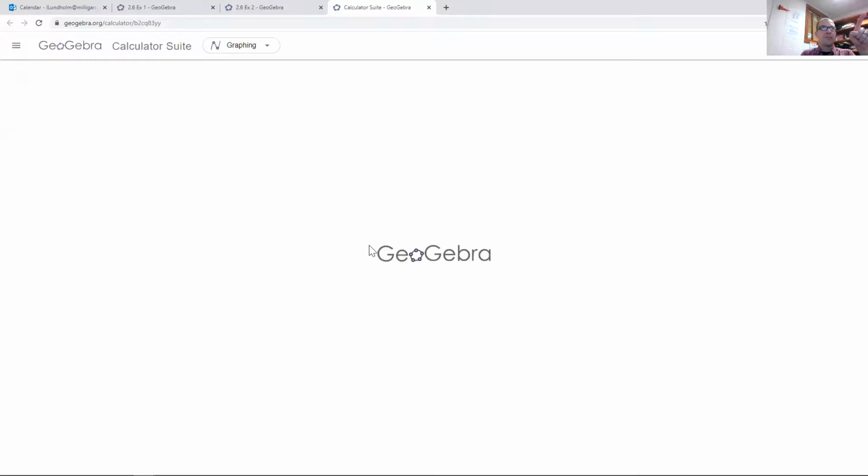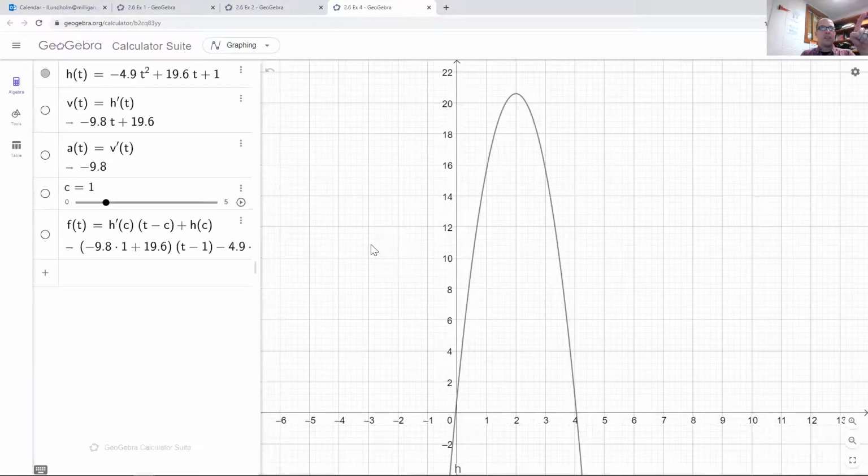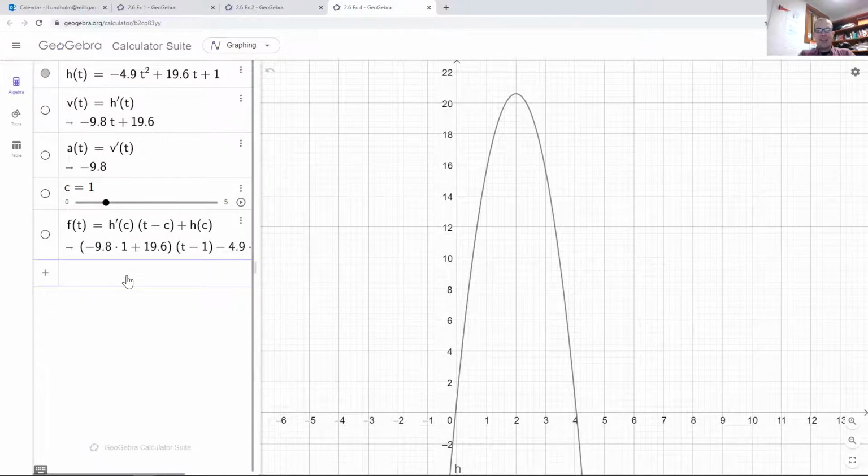So we click on this, and we have our parabola there. Notice that in GeoGebra, I can just type h prime using an apostrophe, and that does give us the derivative.